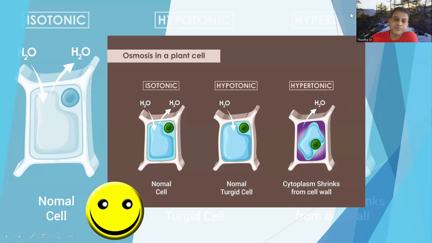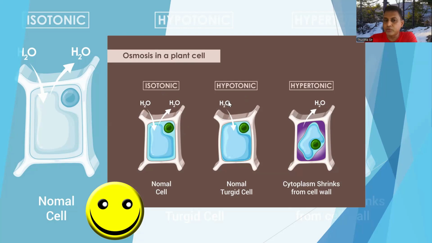just to revise, if we have a solution where water potential is the same inside and outside of the cell, we call it isotonic. If we have a solution where water potential is higher outside and water potential is lower inside, that's called hypotonic.